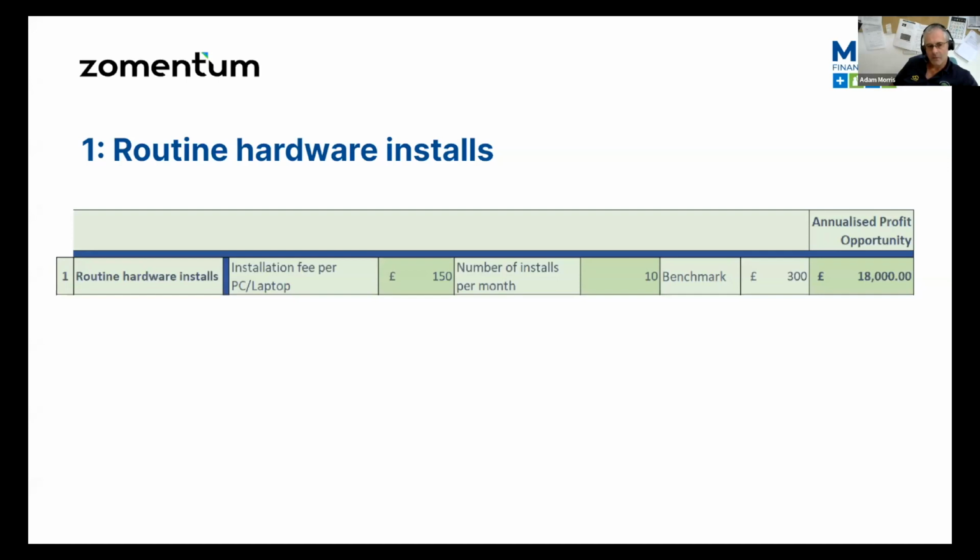So here we have an opportunity where we are pricing out a laptop installation. How many of these are we doing each month? What should we be pricing it at? And that's just a simple calculation. So we're suggesting in the UK it should be a minimum of £300 an installation. If you were charging 150 an installation and you were doing 10 a month, that would reveal £18,000 of annualized profit opportunity.